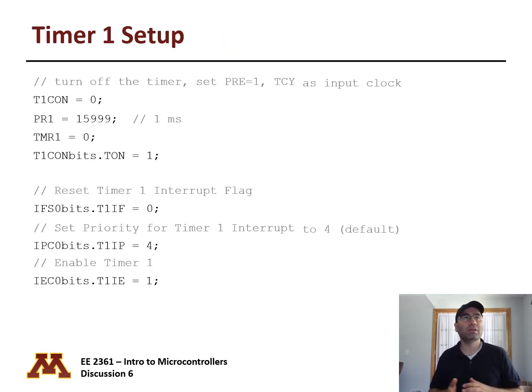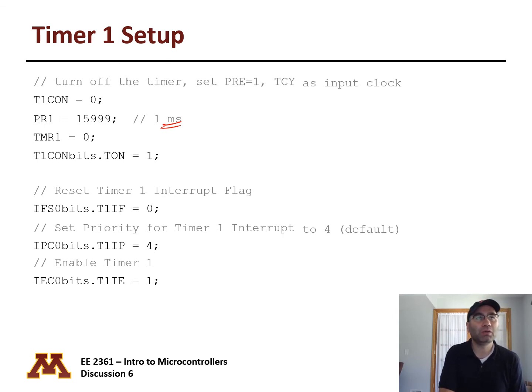So now let's set up the timer. Again, standard stuff. First, we turn off the timer just to clear everything. T1CON equal to 0 clears everything in the timer. Then we set PR1 to this value, which is equal to 1 millisecond; obviously, we did the calculations before.